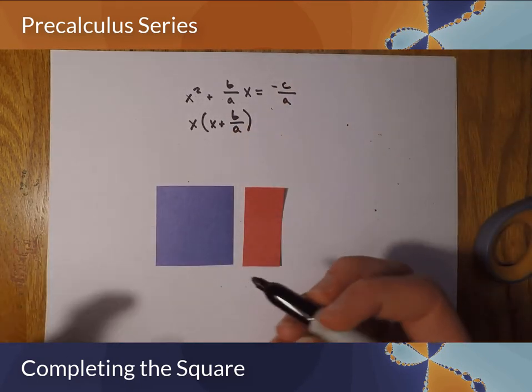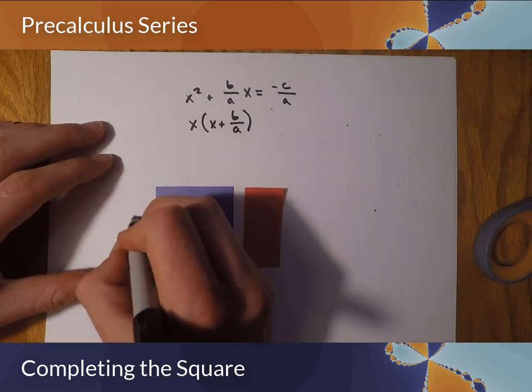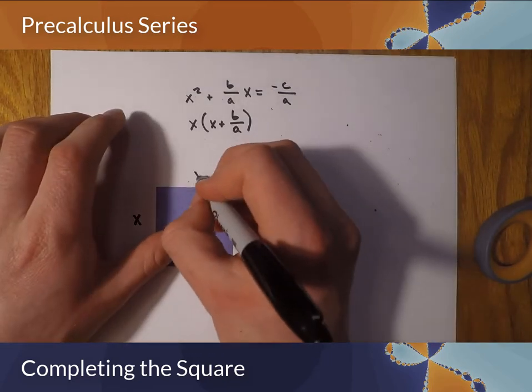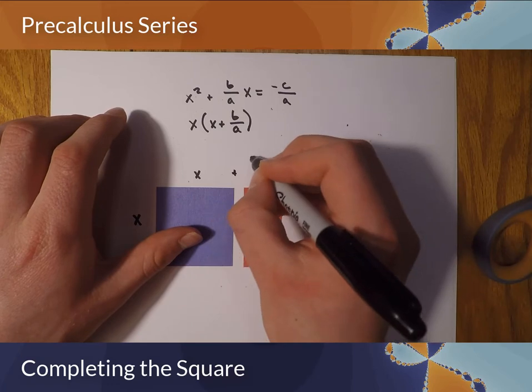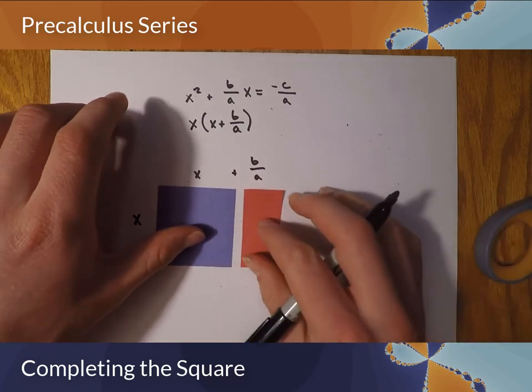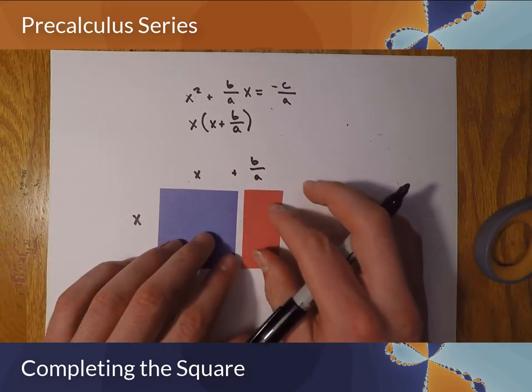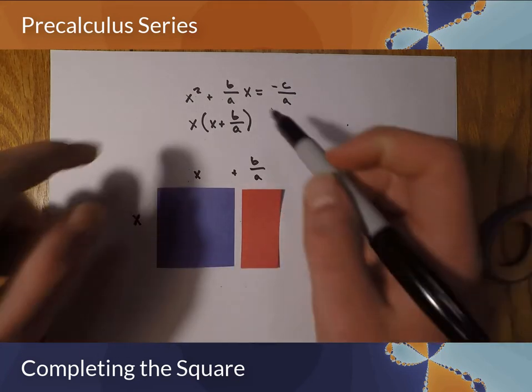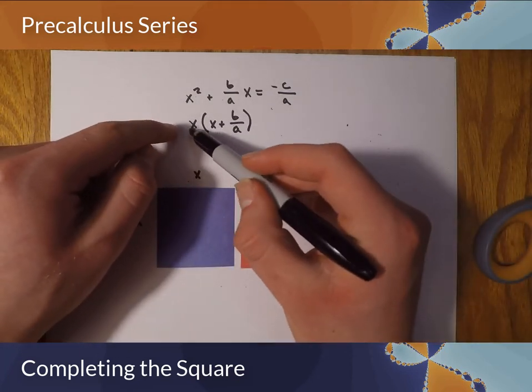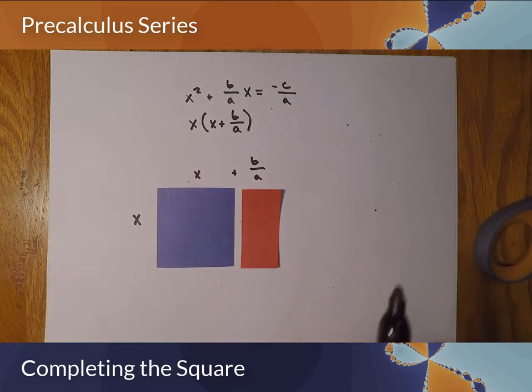So let's say we have these rectangles right here. We can label this side length x, and this x plus b over a. And the area of these papers represents the given area of this function when you multiply x by x plus b over a.